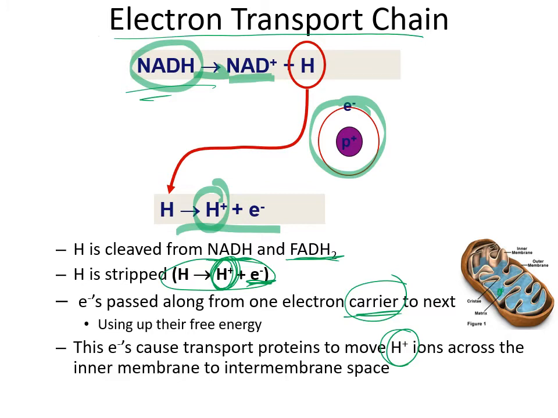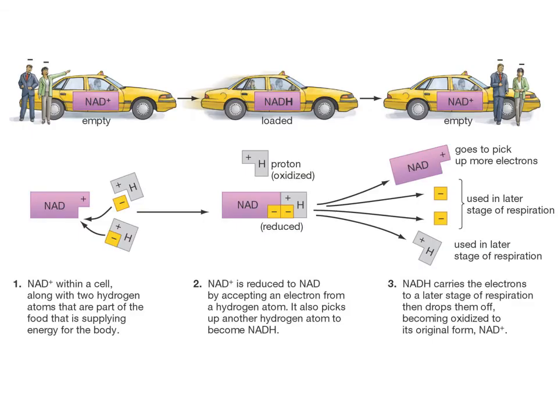So think of the hydrogen ions being in this matrix here, and they're going to get pumped not out of the mitochondria, but into the space between the 2 phospholipid bilayers. This is the intermembrane space, the space between the 2 membranes. That's where we're pumping the hydrogen ions. So you can imagine a bunch of hydrogen ions inside. We can use the free energy of the electrons from the electron carriers to pump those hydrogen ions into this little gap between the 2 membranes.